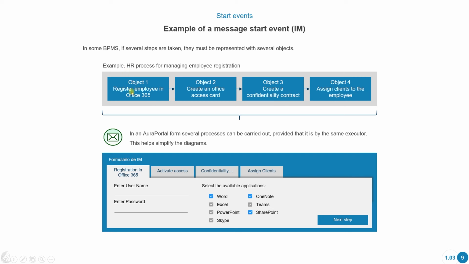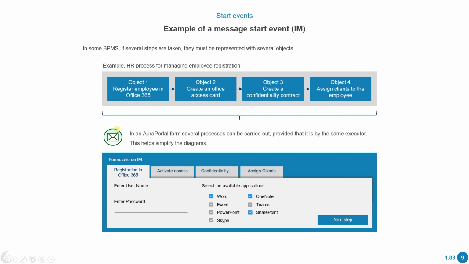They have one object indicating that they're going to register an employee in Office 360. In the next object they're going to create an Office access card. In the third object they indicate that they're going to create a confidentiality contract. And on the fourth object they're going to assign clients to the employee. So all of these four different objects, in Autoportal, would only be one.